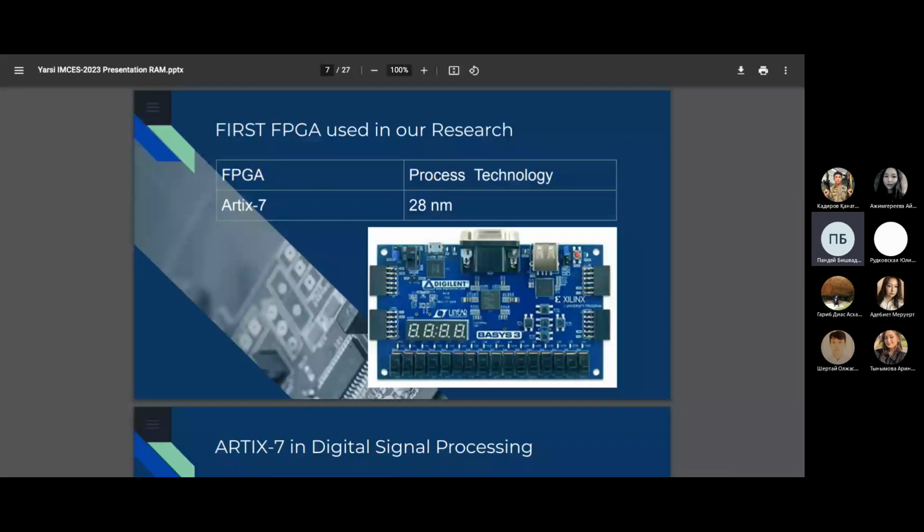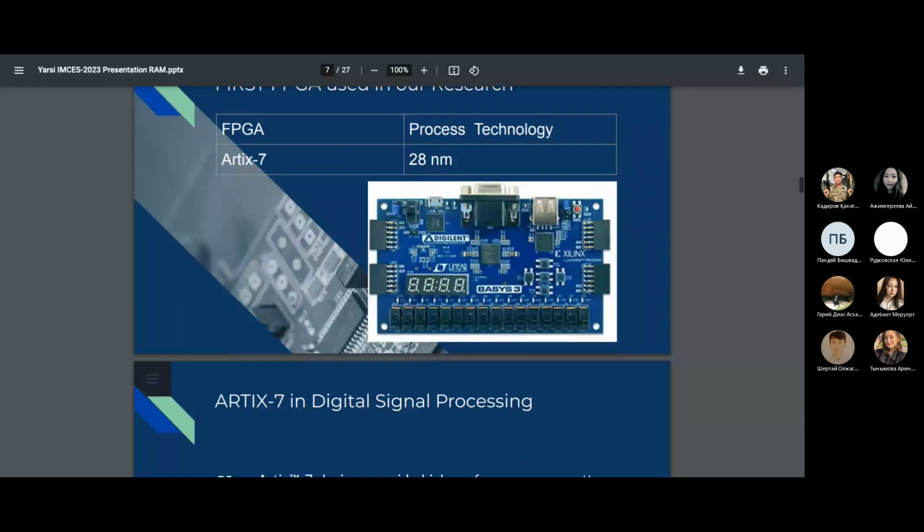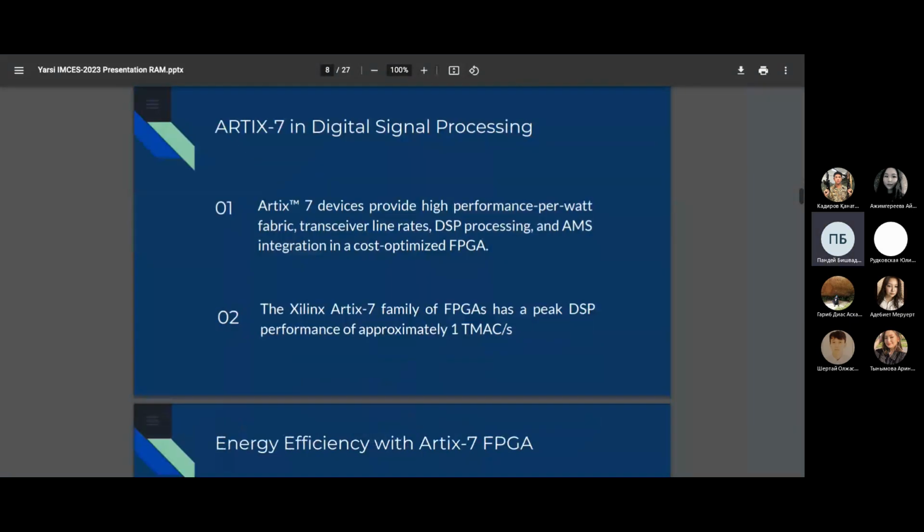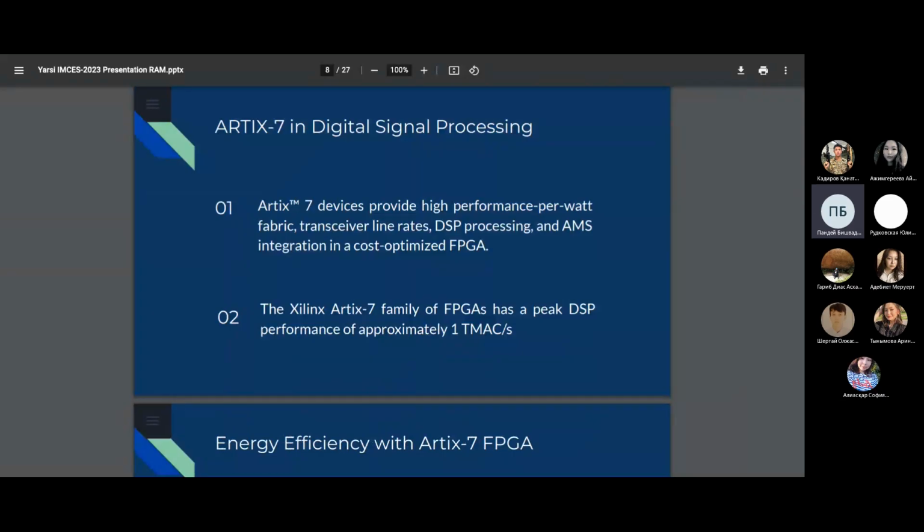First FPGA used in our research: Artix 7, process technology 28 nanometer. Artix 7 in digital signal processing.